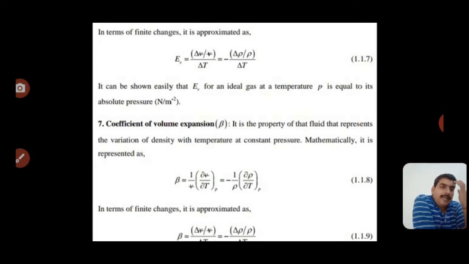It is the property of a fluid that represents the variation of density with temperature at constant pressure. Mathematically, beta is equal to 1 upon v del v upon del T at constant pressure, which is equal to minus 1 upon rho del rho upon del T at constant pressure.